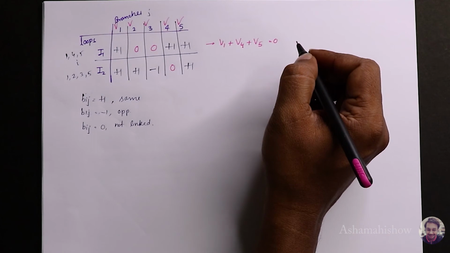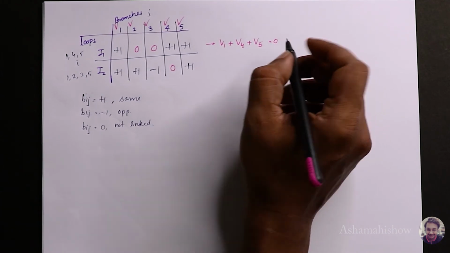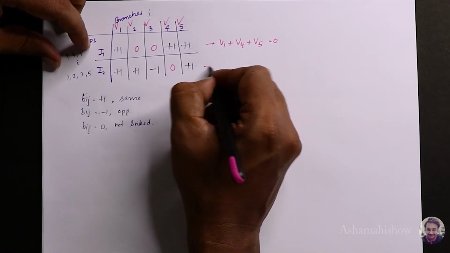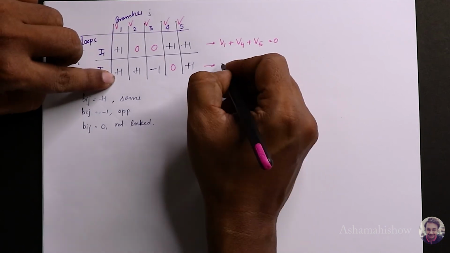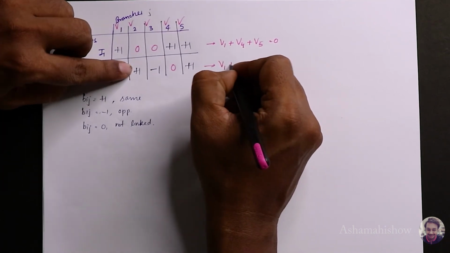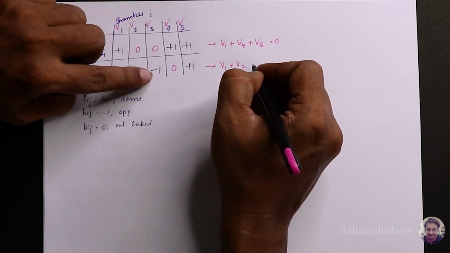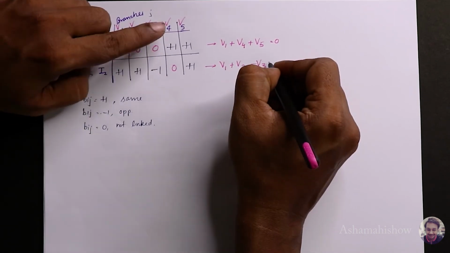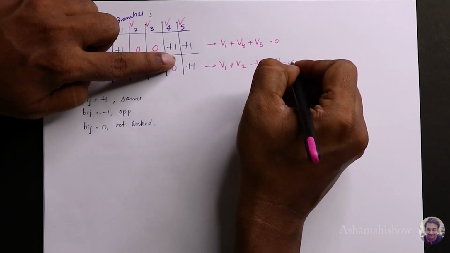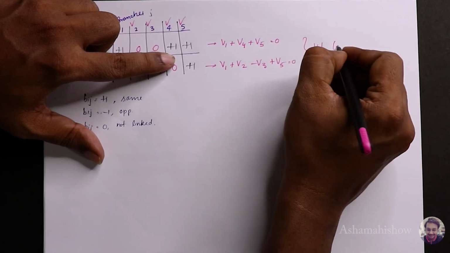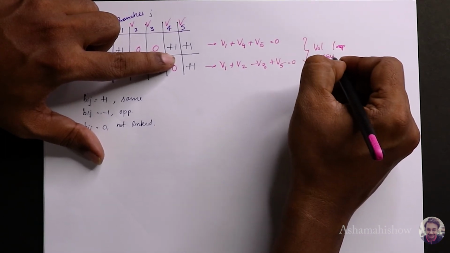We got the voltage loop equation for the first row. Here the second row contains V1 plus V2 minus V3 plus V5 is equal to 0. So these are the voltage loop equations we got.